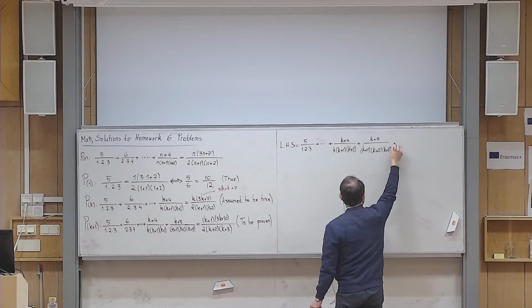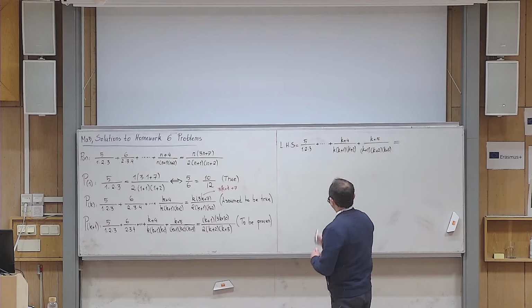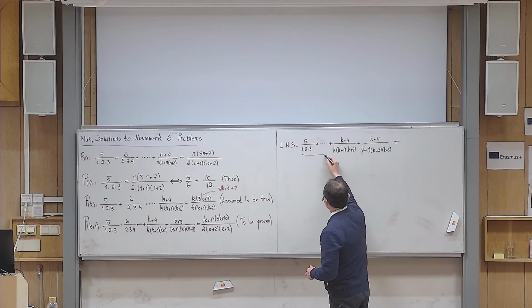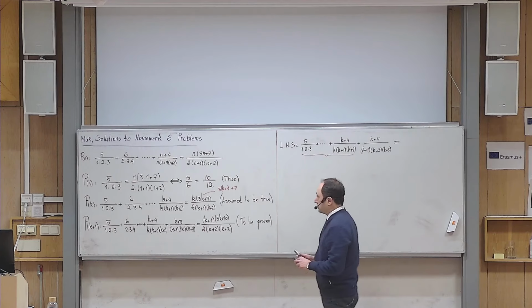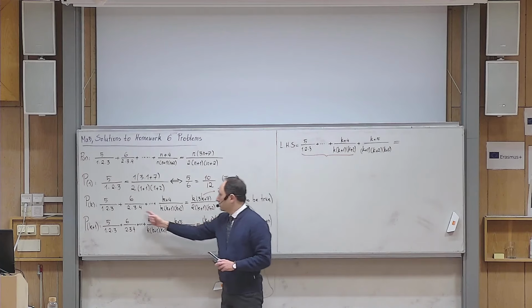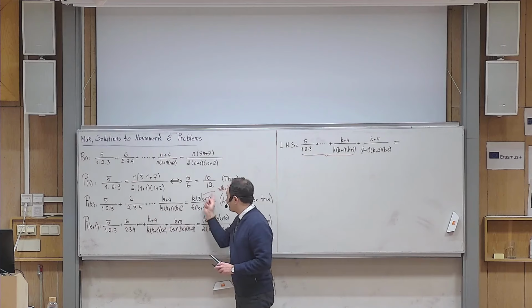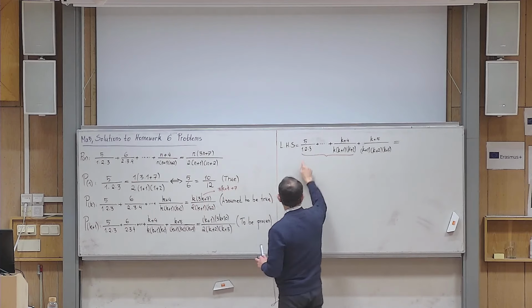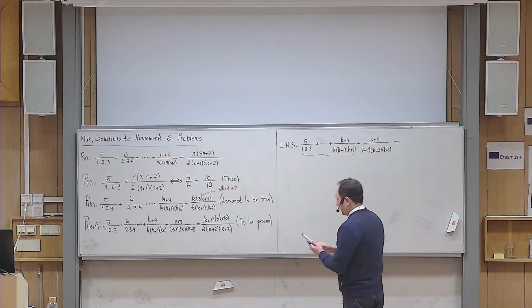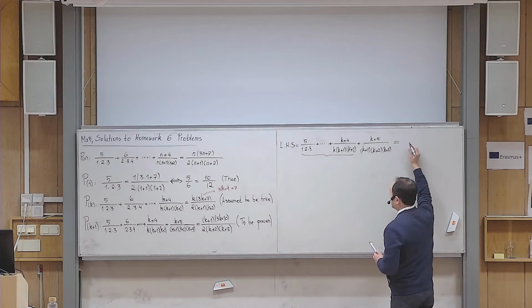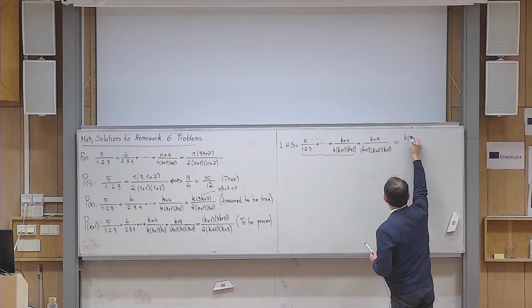Okay, but how can I continue? I can immediately realize that instead of this part, I can use the assumption. According to what I assume to be true, this left-hand side is equal to this expression. So instead of this one, I write that expression, and it becomes k times (3k plus 7) over 2 times (k plus 1)(k plus 2).